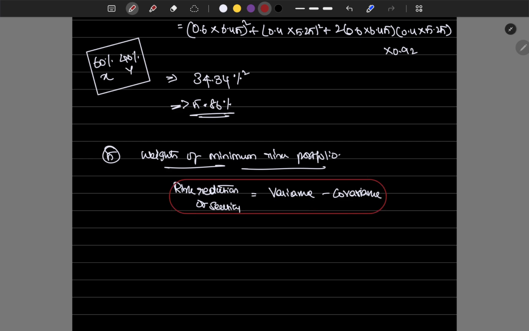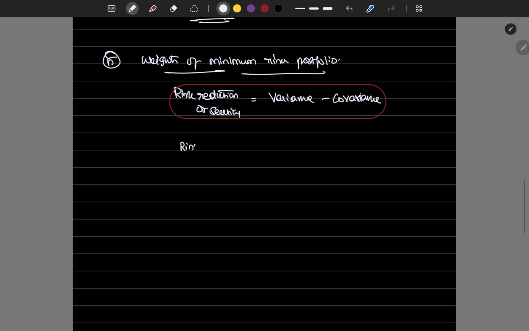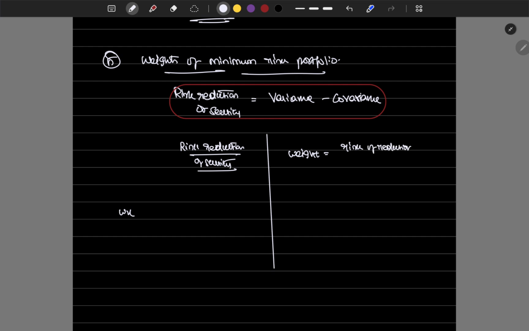Okay, now let's prepare the table. Risk reduction of security: we have to find out how much risk is reduced by another security for the security. Then what we have to find out is the weight, how the weight gets calculated. Risk reduction of security divided by total risk reduced with x plus y.